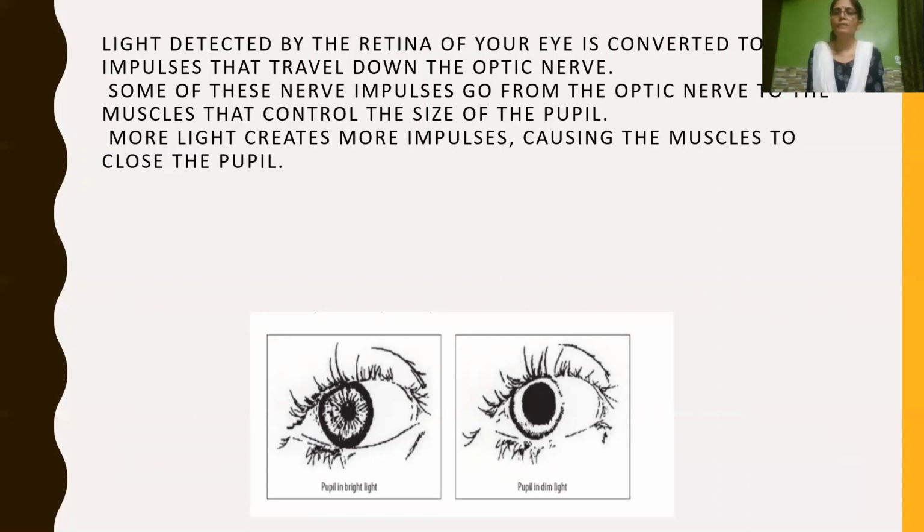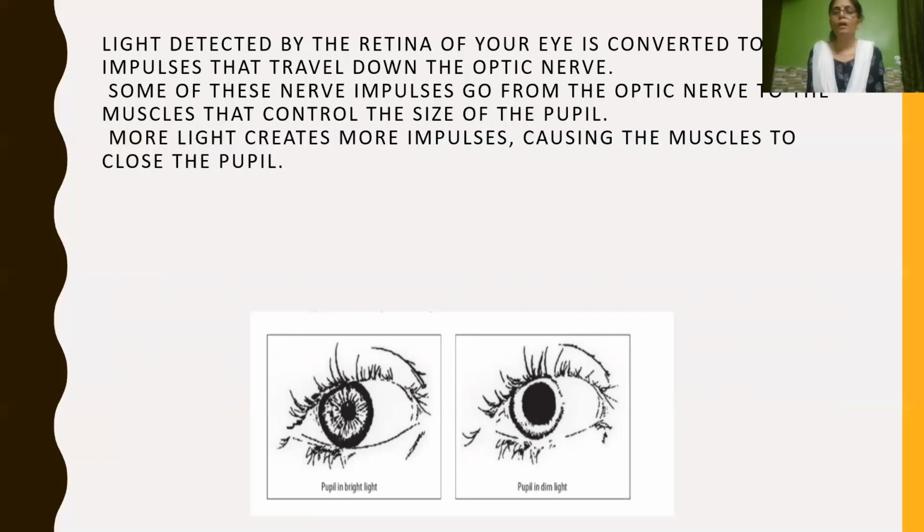Then these nerve impulses are carried by the optic nerve, and some of them go from the optic nerve to the muscles which control the size of the pupil. That is, if more light enters, it creates more nerve impulses, causing the muscles of the pupil to close.